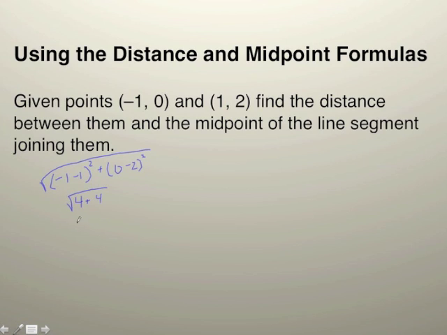We have the square root of 4 plus 4, or the square root of 8. 8 is 4 times 2, so 2 square root of 2 is the distance. And finding the midpoint, negative 1 plus 1 divided by 2, and 0 plus 2 divided by 2. This would be 0 divided by 2, or 0, and 2 divided by 2, or 1. Remember again, it's an ordered pair, so use the parentheses.